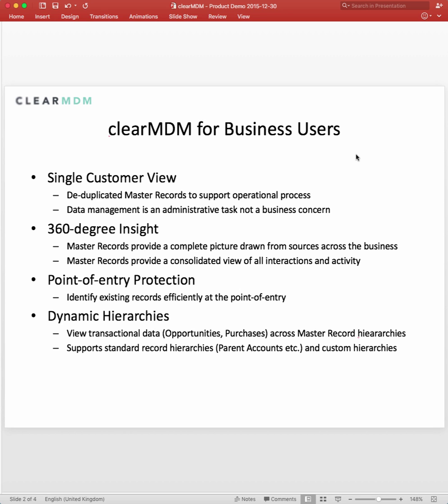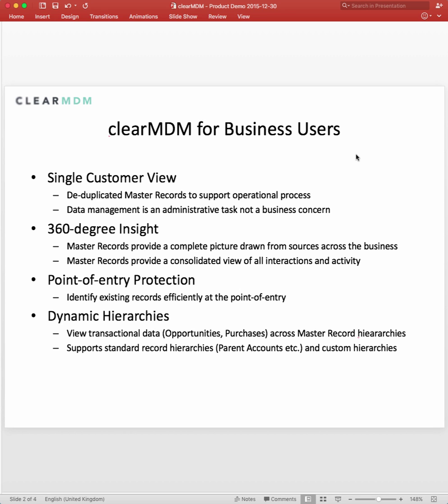Building upon the single customer view, business users will really gain value from the 360-degree insight brought through consolidating all of the operational insight, all of the intelligence that exists within the business, bringing that information together and populating the master record with as much information and intelligence as possible.